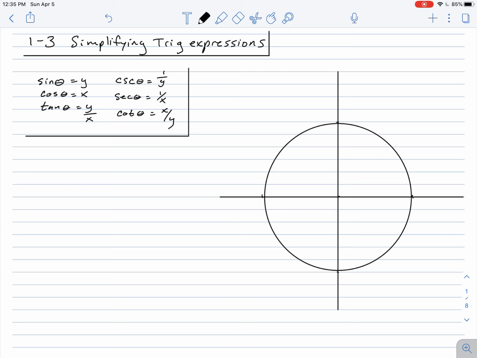So, in review, we have defined sine, cosine, tangent, cosecant, secant, and cotangent in terms of x and y being a coordinate on the unit circle. So if we have our triangle here, our coordinate is x and y.